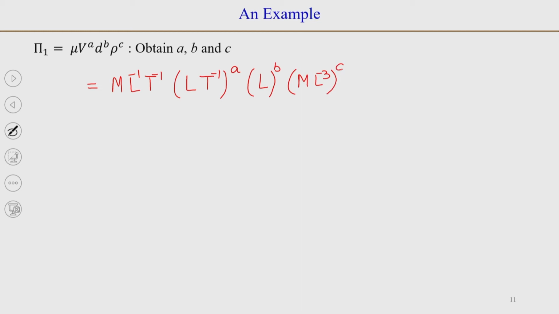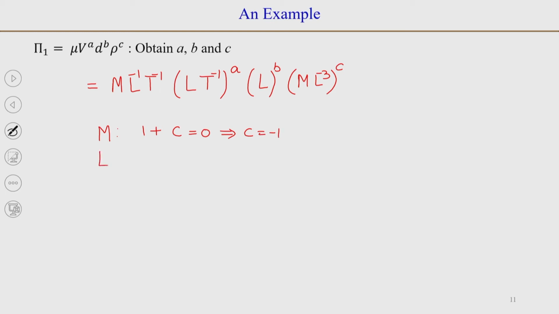Now, let us combine the dimensions of each of m, L and t and equate them to 0, or combine the exponents of each of these. So, when we combine the exponents of m, we will have 1 plus c is equal to 0, and that gives us c is equal to minus 1.